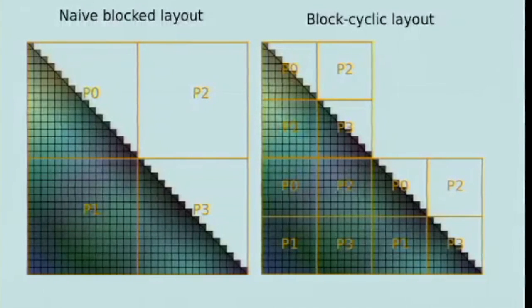If you go to a block cyclic layout, which is what's used within, for instance, ScaLAPACK and many linear algebra libraries, this would mean that each processor owns a sub-block with some cyclicity factor, which here is a factor of 2 in each dimension. You still have some load imbalance that's now smaller, but processor 1 owns a lot more than processor 2.